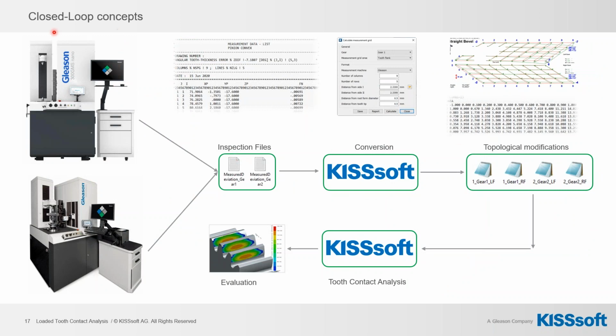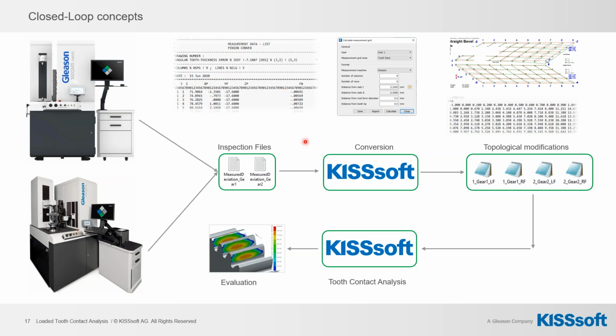So you can see this is a tactile Gleason GMS nanomachine, which measures the flank topology. It can be a 9 times 5 grid, it can be a 21 times 21 grid. All of these things can be set on the metrology machine.